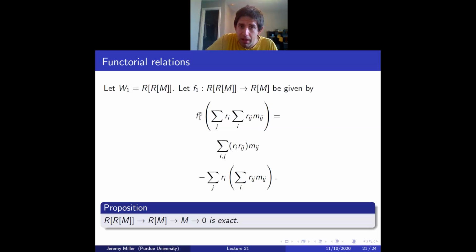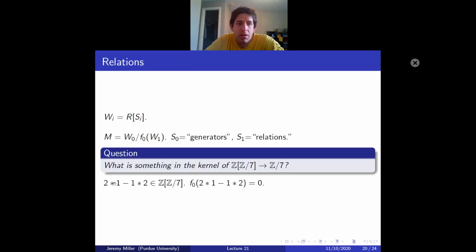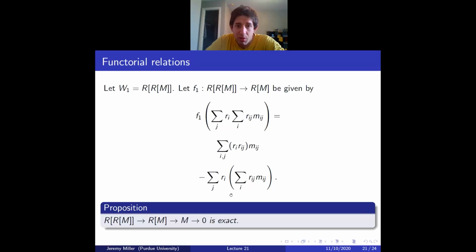You can multiply the R_i's, or you can view this formal sum as an element of M. So you get a difference of these two terms, exactly like 2 times 1 minus 1 times 2. The proposition is that this is exact.